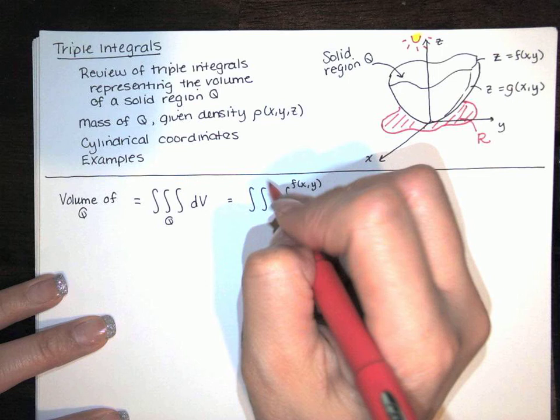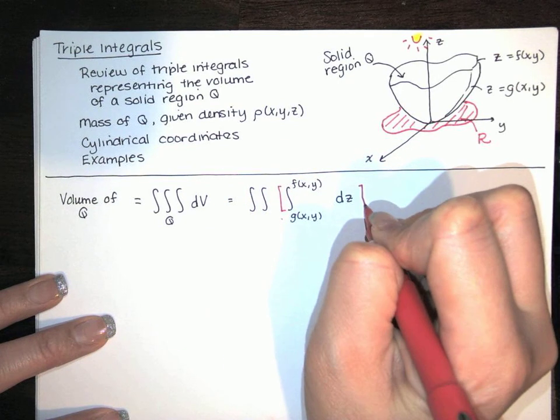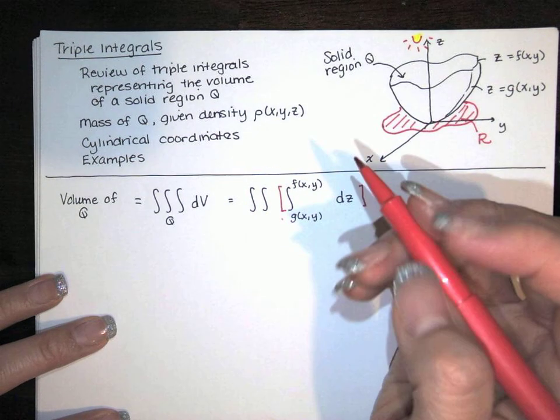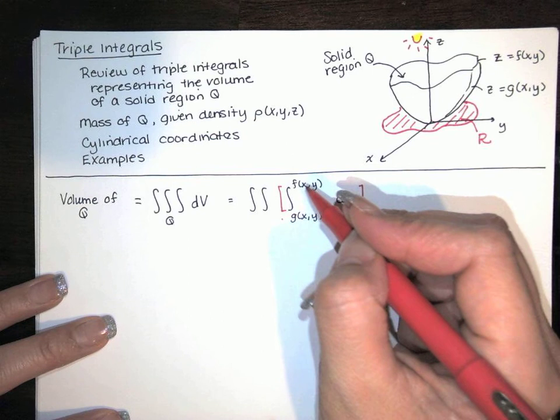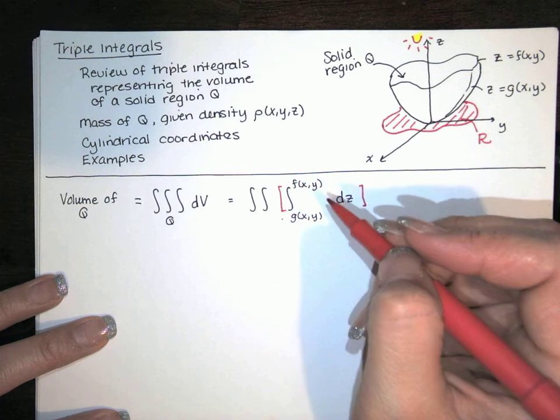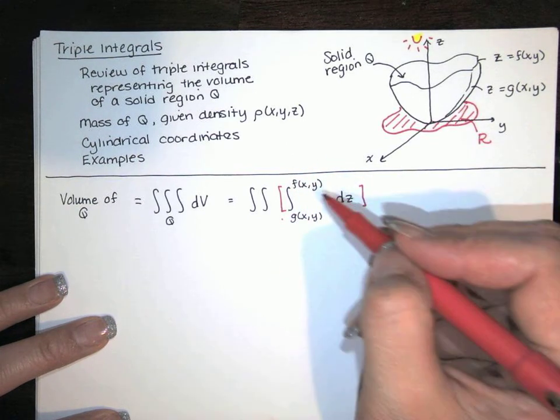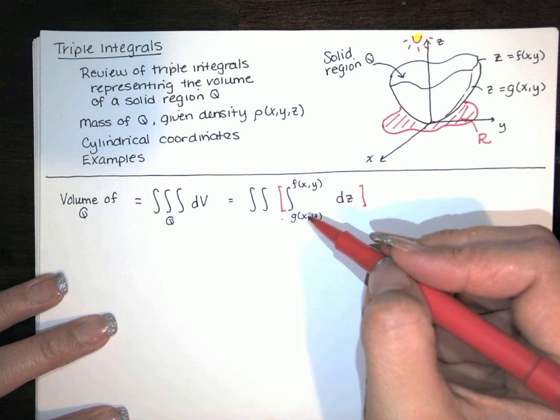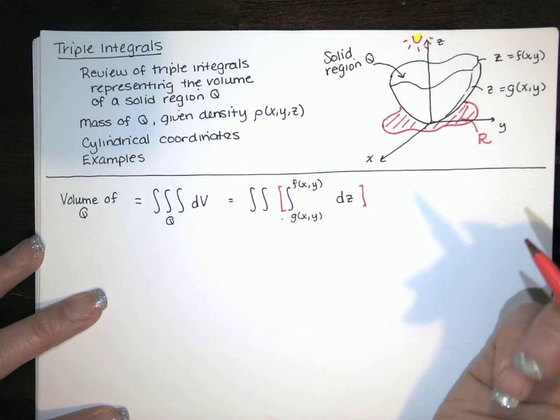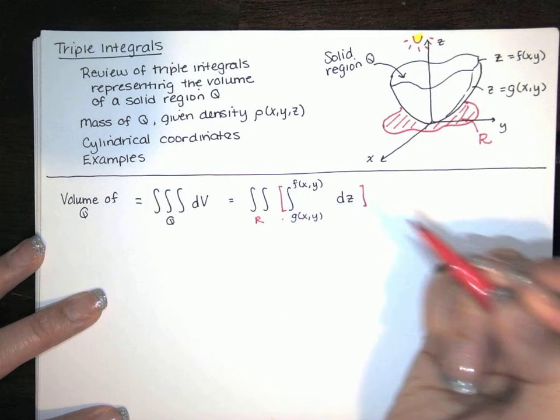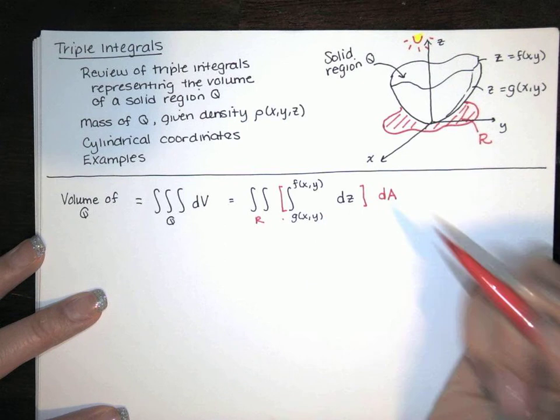We do that integral first. The antiderivative of 1 with respect to z is z, and then we would evaluate at f of xy and g of xy, and subtract, and so we'd get f of xy minus g of xy, top function minus bottom function, and then we're integrating that over the region R.